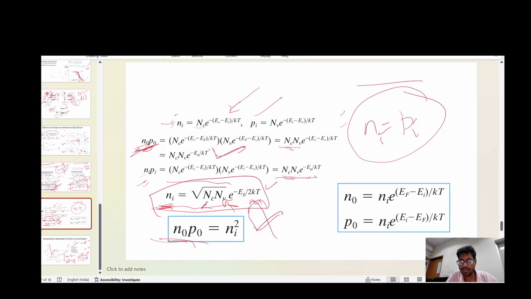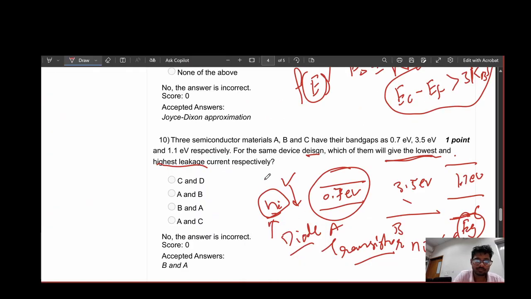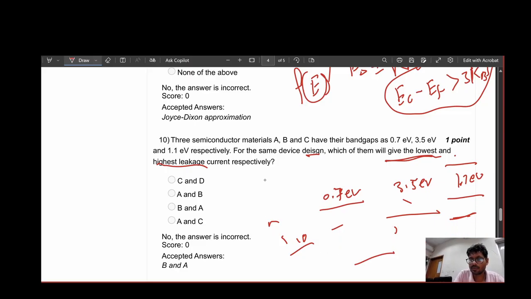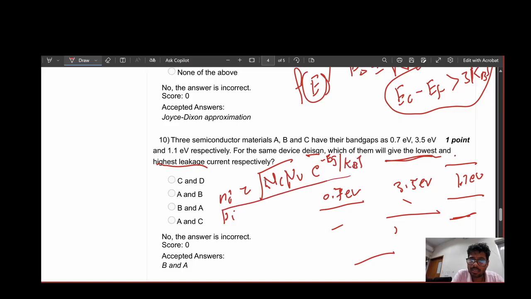Okay, Ni or Pi, anything. Ni is equal to square root of Nc into Nv into e raised to power minus Eg by kT.